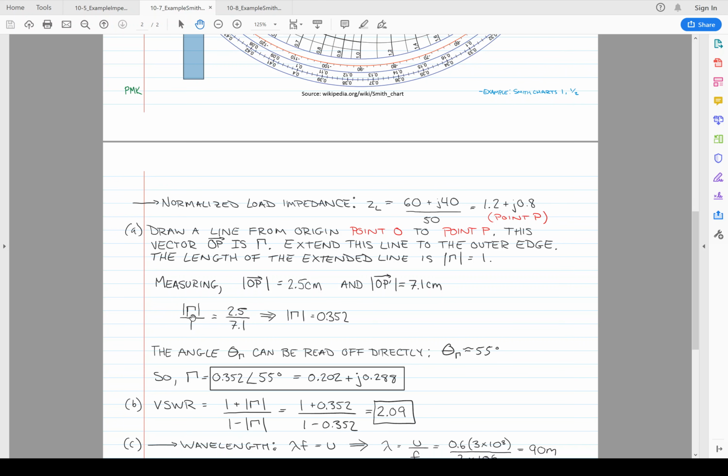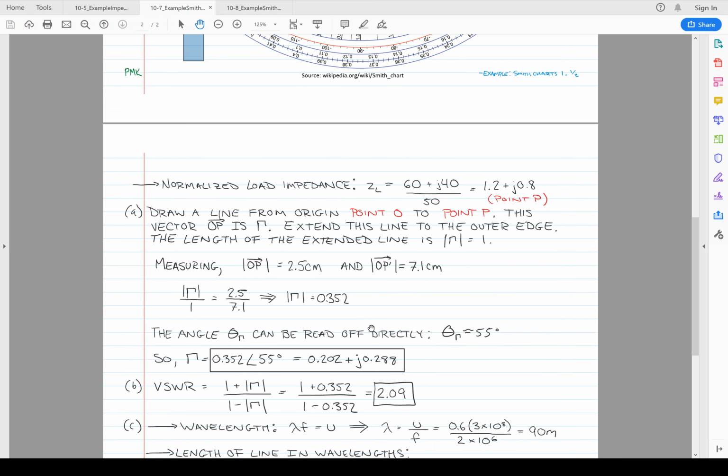The magnitude of the reflection coefficient I'm looking for at P is to 1, which is at P prime, as 2.5 centimeters is to 7.1 centimeters. Again, those are the measurements that I took, so 7.1 corresponds to a magnitude of 1. I solve this and I get the magnitude of the reflection coefficient at point P as 0.352.